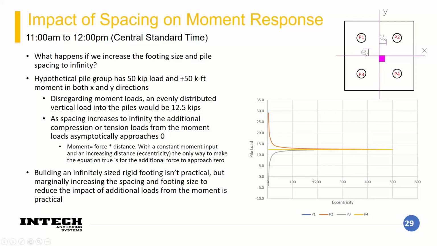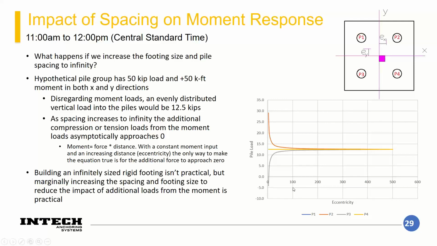So as we increase the spacing to infinity, the increase in load on your piles from that moment goes to 0. And this is an interesting phenomenon because moment equals force times distance. So if we have an applied moment that's going to be constant and we increase the distance away from the application of that moment, the only way to keep this equation true is for this force value to essentially go to 0.